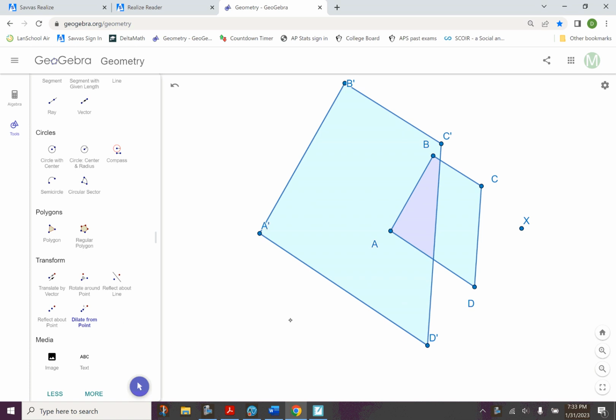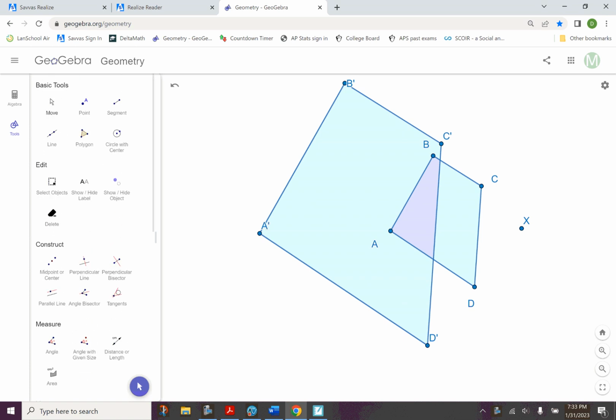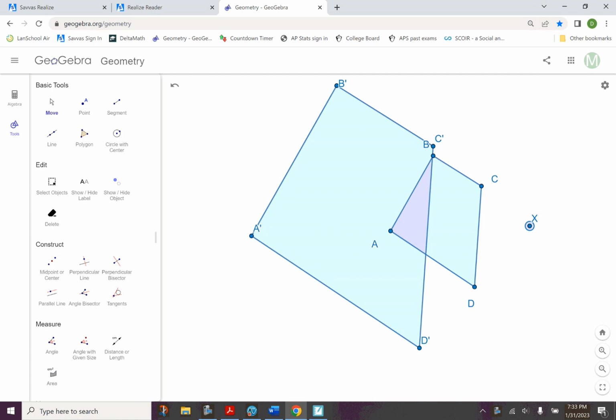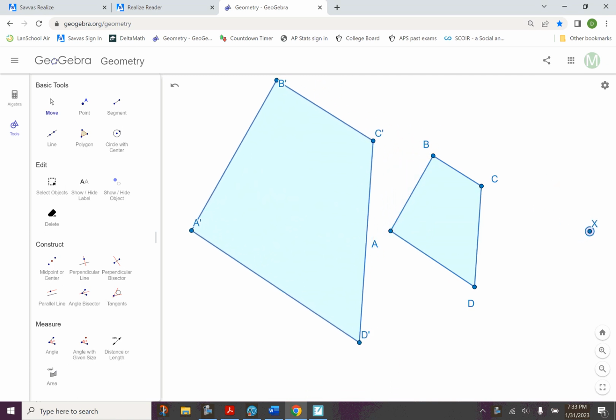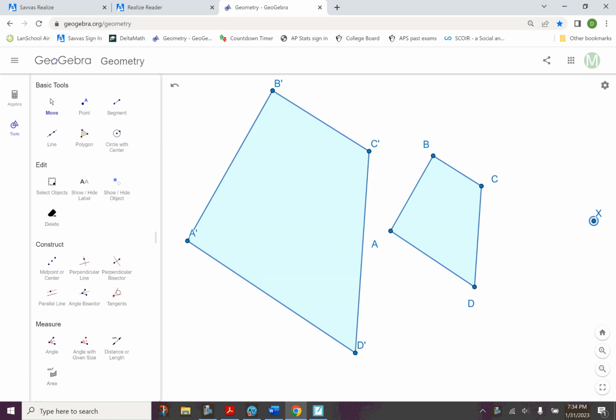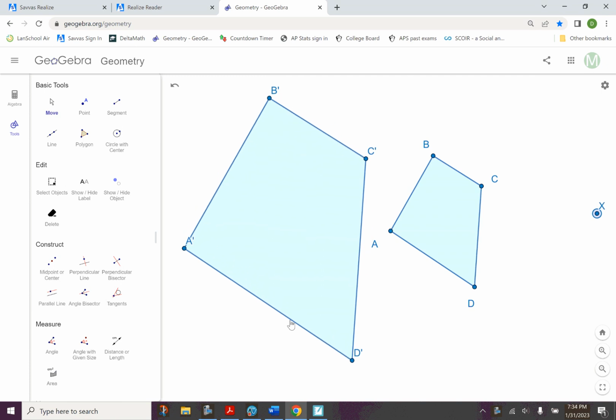And again, it should be proportional. Now, if I so enjoy not doing this on paper, because if I take this center of dilation and I move that, I can actually separate the two figures. We're going to come back to this in a moment here, but I want you to see here for the length of segment AD.